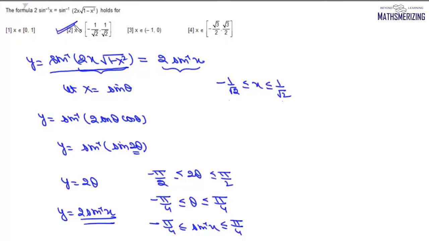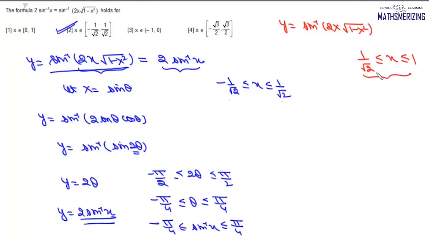Now let us make this question a little more interesting. So let us try and work out what will be the formula, or what will be the expression for y equals sine inverse 2x into under root of 1 minus x square if x is greater than or equal to 1 by root 2 and x is less than or equal to 1.